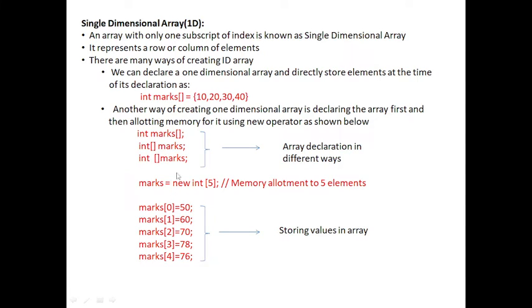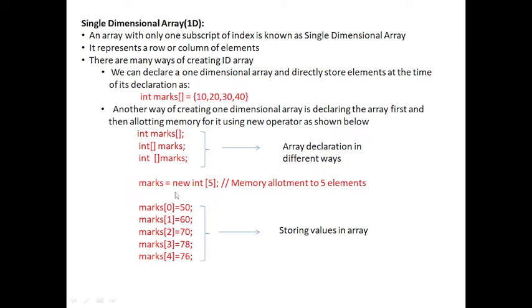Next, after declaration, we are allotting the memory. Memory allotment is done here for the array we declared. It means this array is going to store only 5 elements.